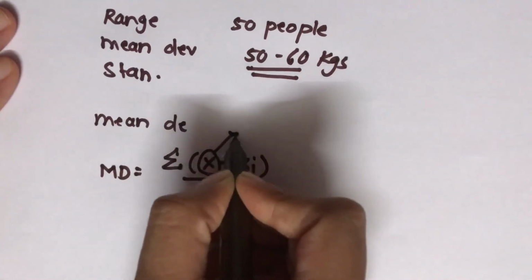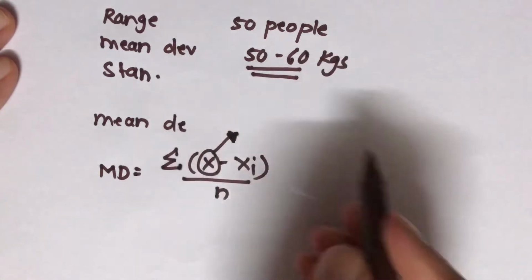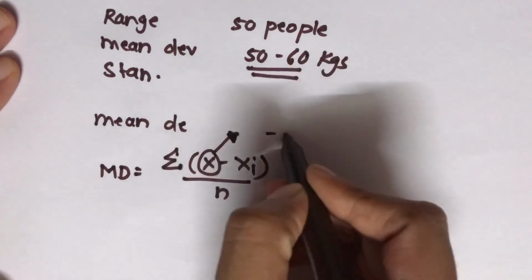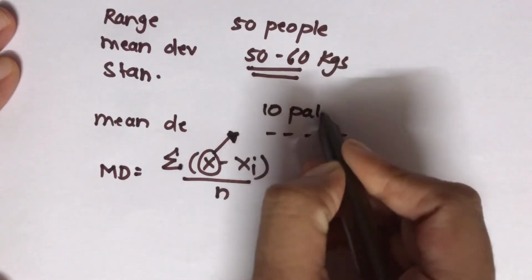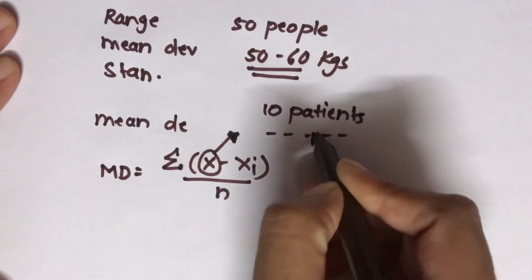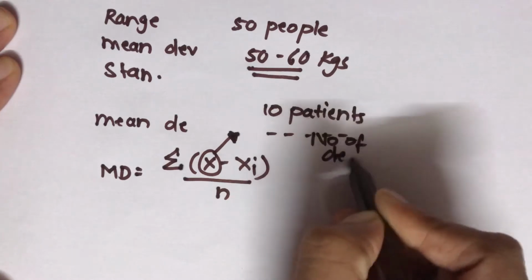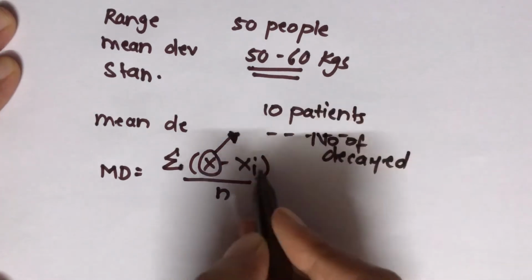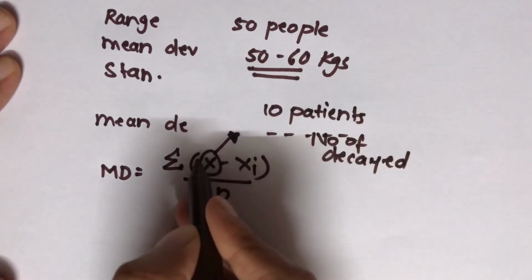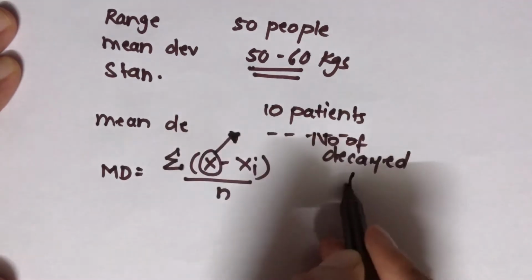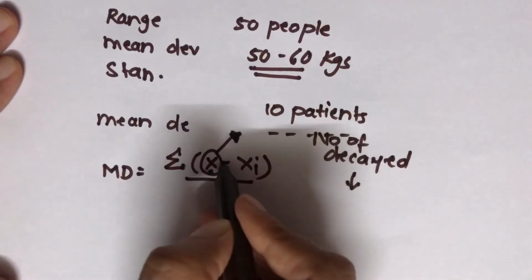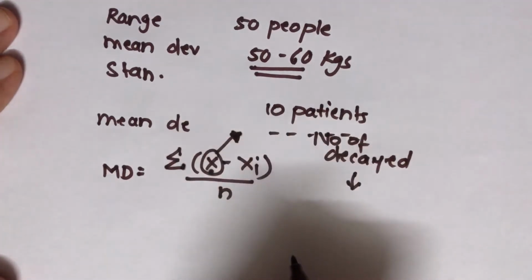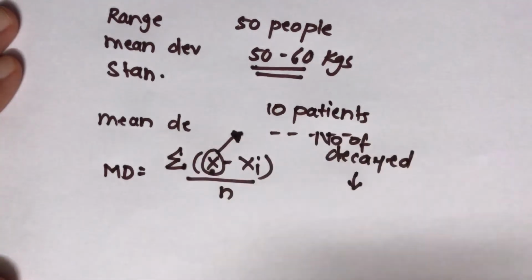Suppose you are doing a study on 10 patients for the number of decayed teeth, and you have got the results. First you calculate the arithmetic mean. Then you subtract xi, which is the value of each observation in the data.